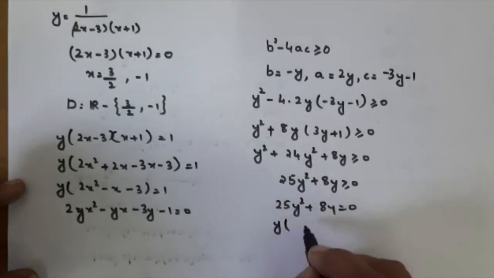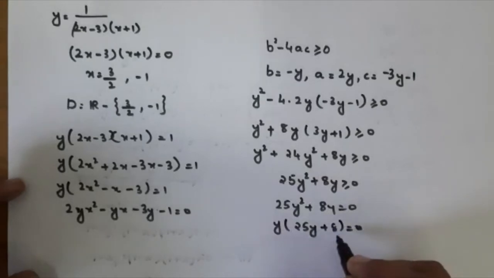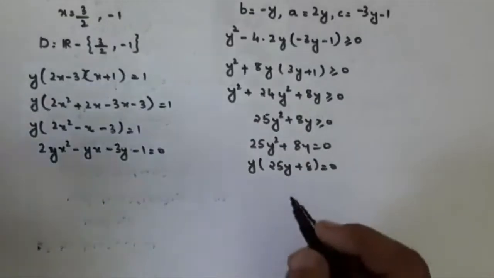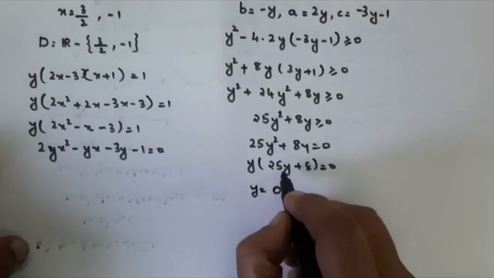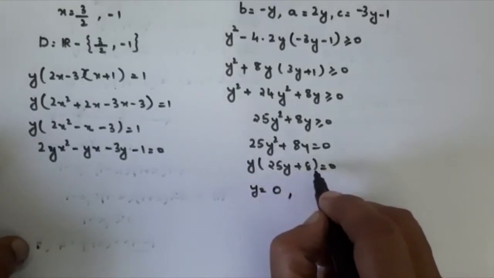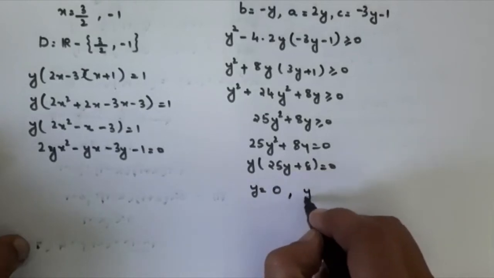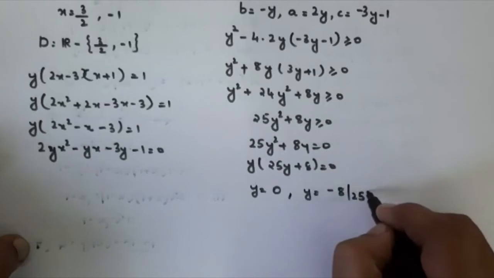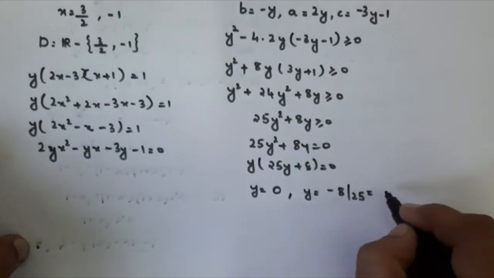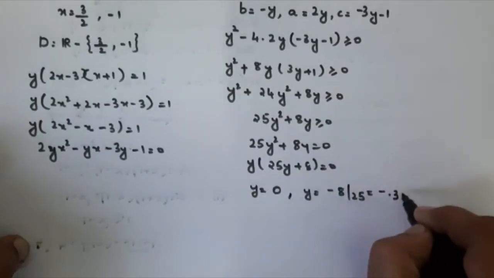This is y into 25y plus 8 equal to 0. Which are the roots? y equal to 0 or 25y plus 8 equal to 0, which means y equal to minus 8 by 25, which is equal to minus 0.32.